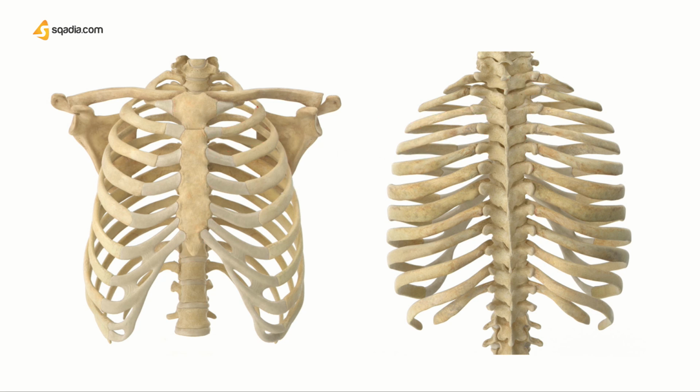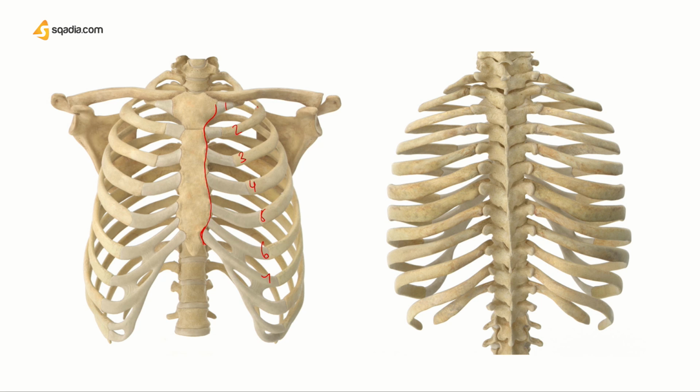So let's talk a little bit about the ribs. Anteriorly, the upper 7 ribs articulate with the sternum via their costal cartilages. So we can see ribs 1, 2, 3, 4, 5, 6, and 7. These are all articulating directly with the sternum.